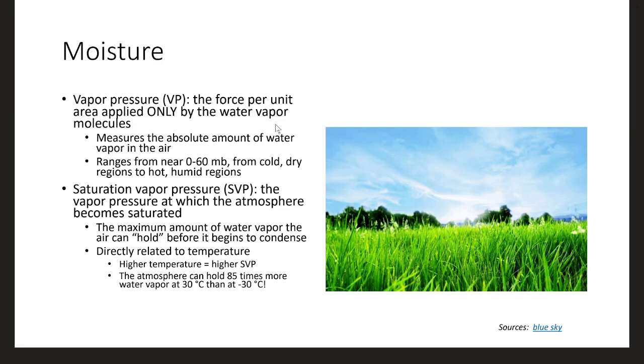The saturation vapor pressure increases with temperature. So if the temperature outside is 90 degrees, it's going to be able to hold a lot more water than if it's 20 degrees outside.